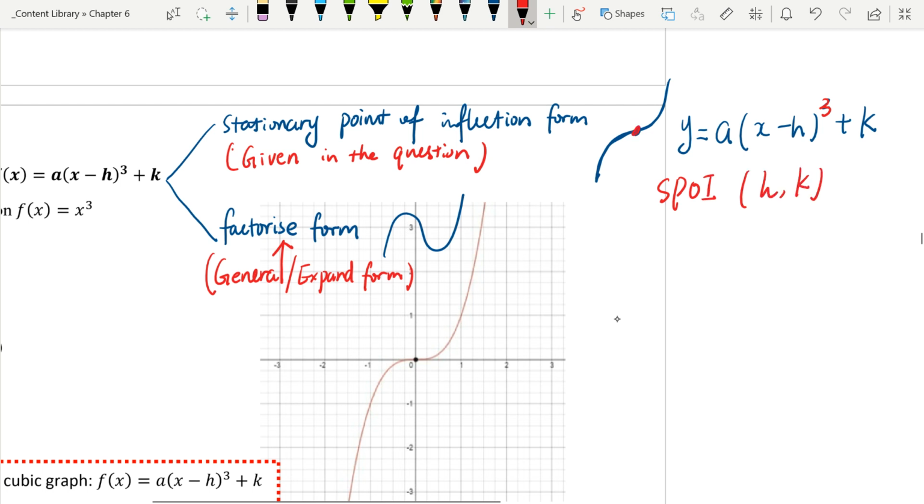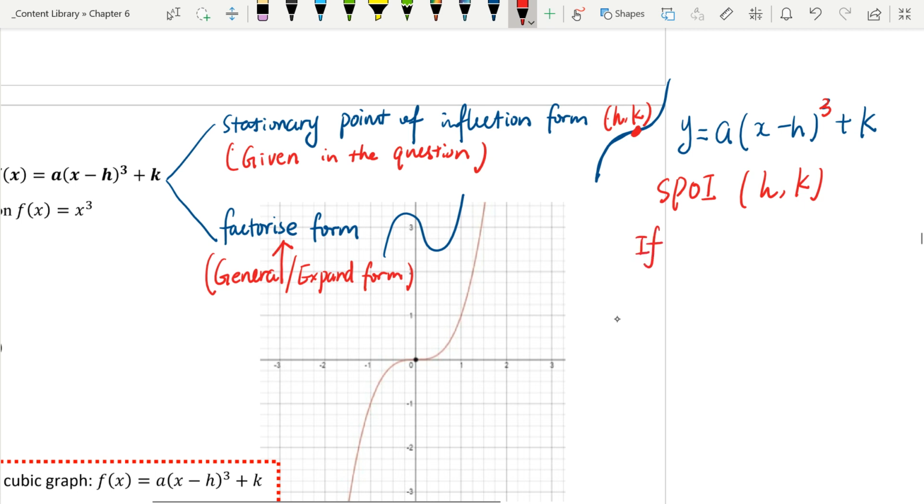So what's this stationary point of inflection? It's this dot, where the shape changes like that. This point is called the stationary point of inflection, and its coordinates are (h, k).